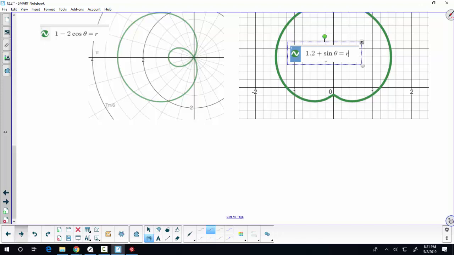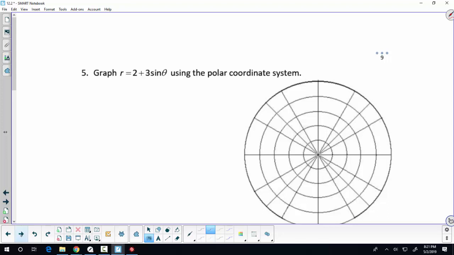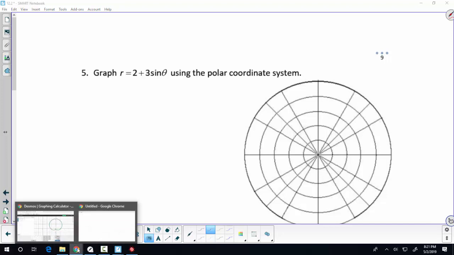For your homework it would say, graph 2 plus 3 sine theta equals r. And really, I hope you know that that's not a cardioid because those two numbers aren't the same in magnitude. So this is where you just go online and graph 2 plus 3 sine theta.